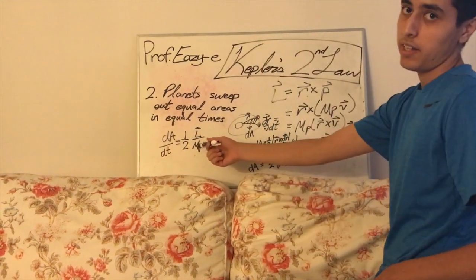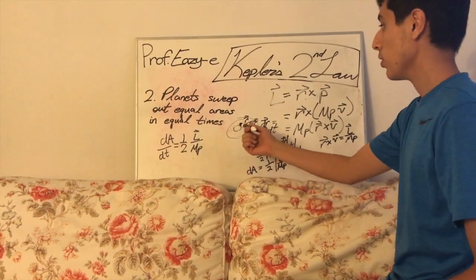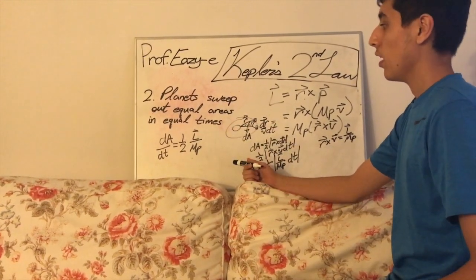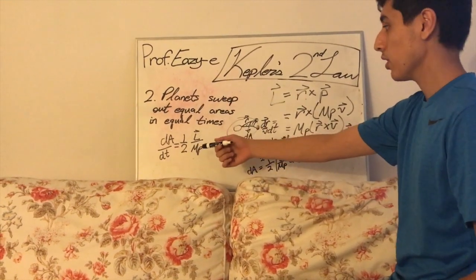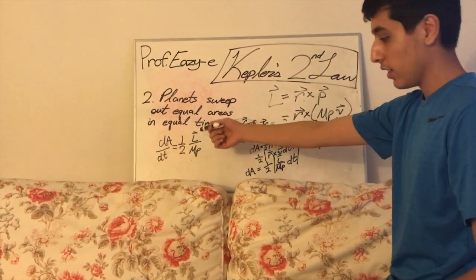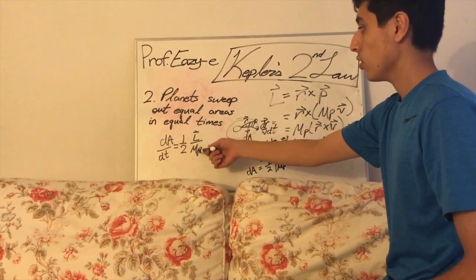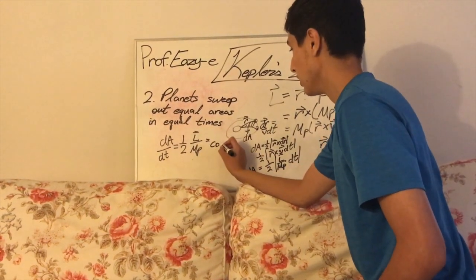The mass of the planet is always constant, and as we proved before, since the torque is 0 at all times around the orbit, that means dL/dt, which is equivalent to the torque, is 0, which means that the angular momentum L is constant throughout. So we have a constant over a constant times 1/2, which is a constant. So all this would be constant.